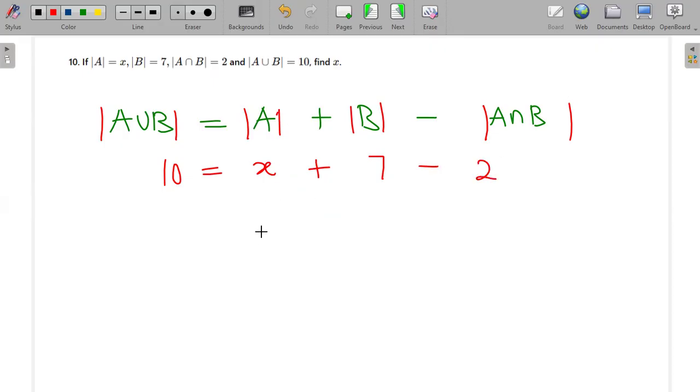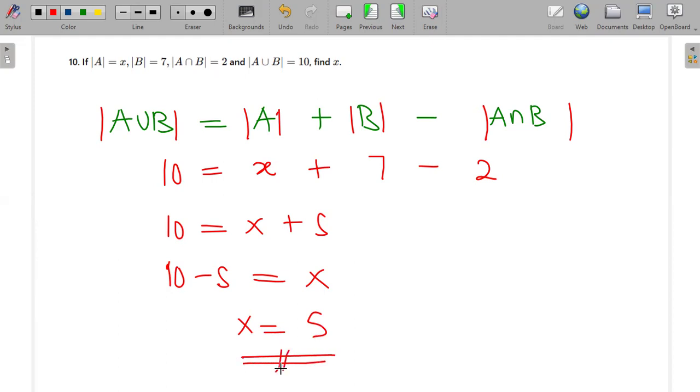So I want to find this X. So what do we do? Like terms together. So it will be 10 is equal to X, 7 minus that, it is 5. And then 10 minus 5 is equal to X. So meaning X is just equal to what? To 5. So the value of X there is simply 5.